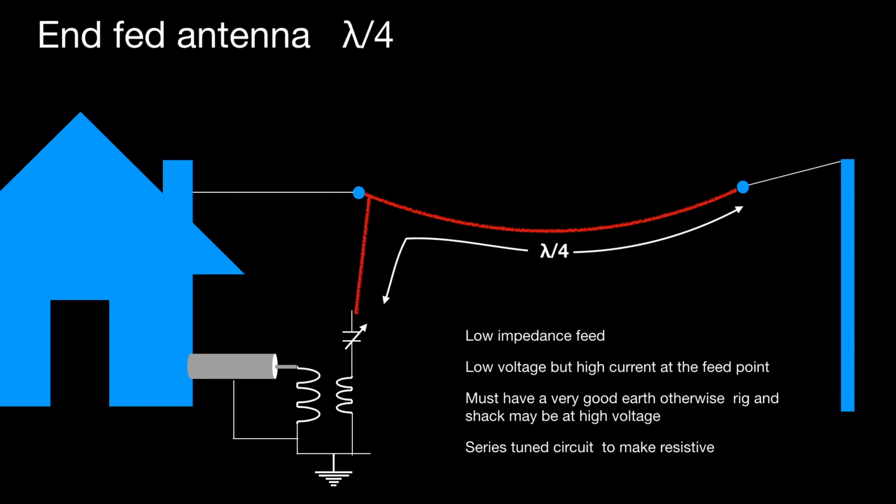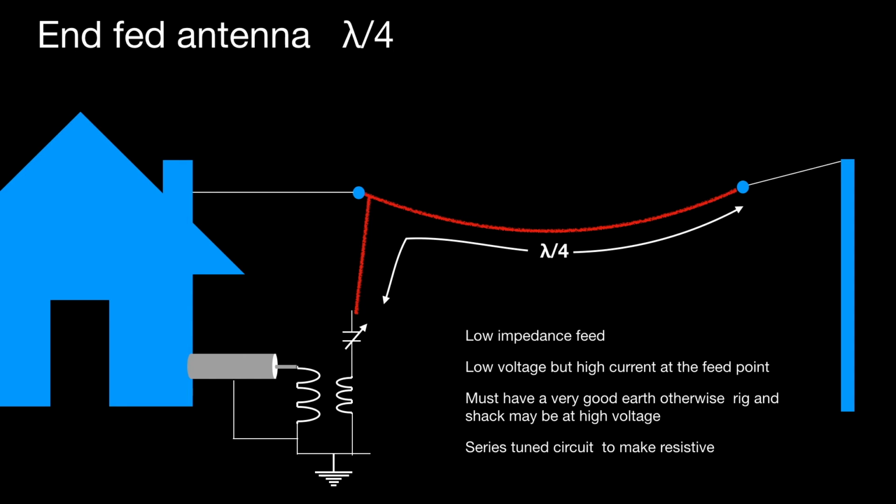Because you need a good earth, it indicates that the shack can probably only be at ground level or ground floor level, because to have a long vertical earth coming down the side of the house or internally into the house would add to the resistivity of the earth. And if the resistivity of the earth approaches the resistivity of the feed point, then the earth itself becomes a radiator.